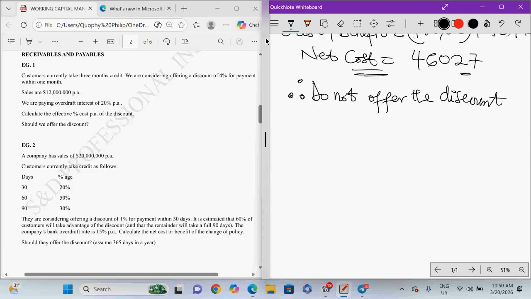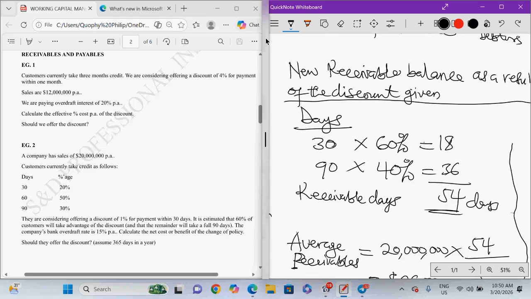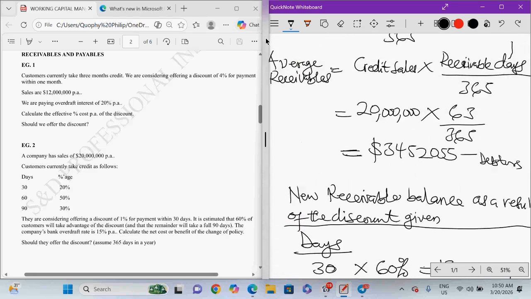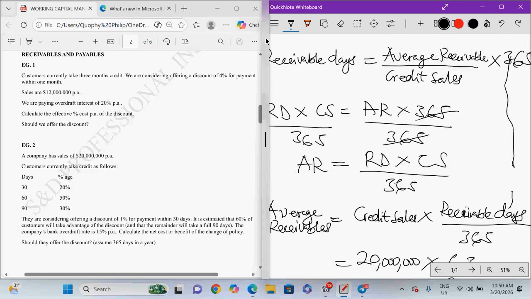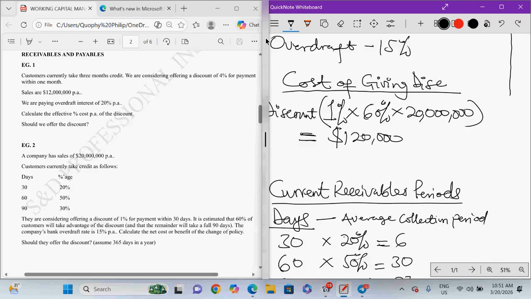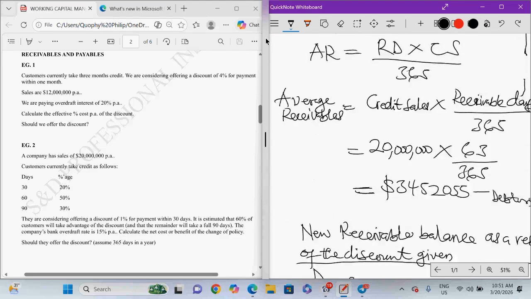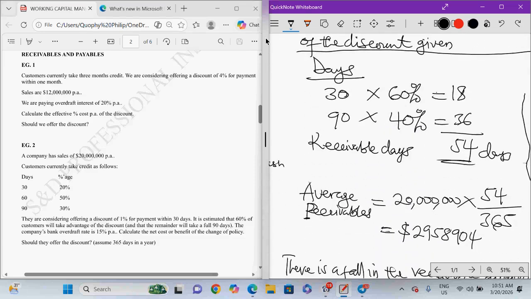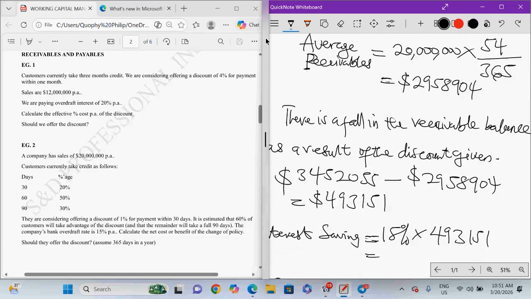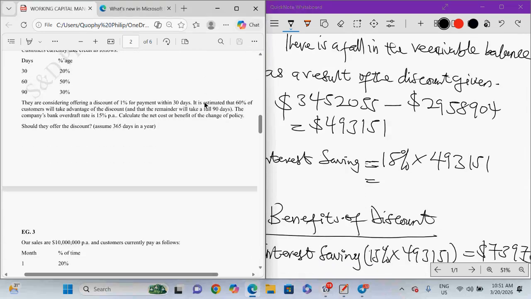The cost will basically be the discount that we are giving out. So we just have to compare net cost and the net benefits to be able to take a decision on this.